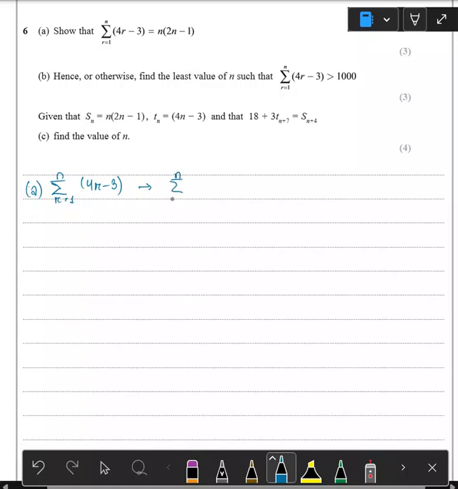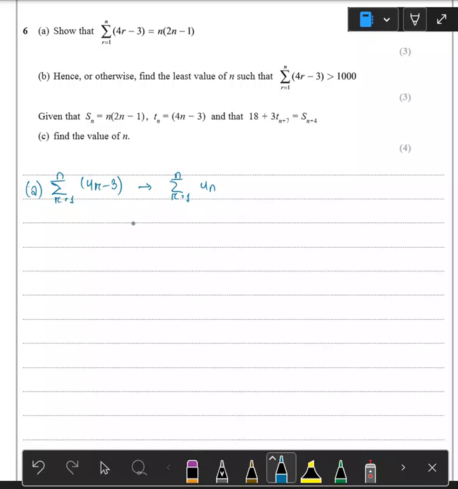The usual way of writing sigma notation is the sum from r equals 1 to n of un. This means that the expression of the nth term of a sequence is given by un, and this un can be for an arithmetic progression or a geometric progression.